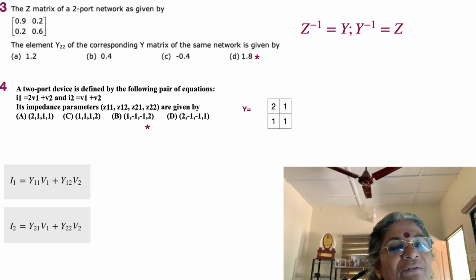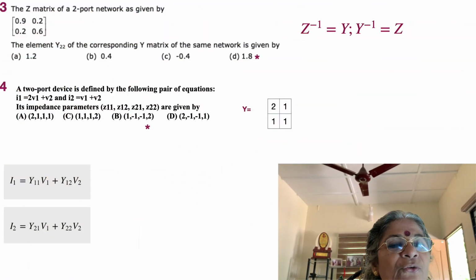So that's equal to 0.5, and that's going to be on the denominator. You have to multiply all the elements by 2, and we require only Y22. So for that you just exchange 0.9 and 0.6. So now we are going to have 0.9, and 0.9 has to be multiplied by 2. About other content, I suppose you are very clear what is what.